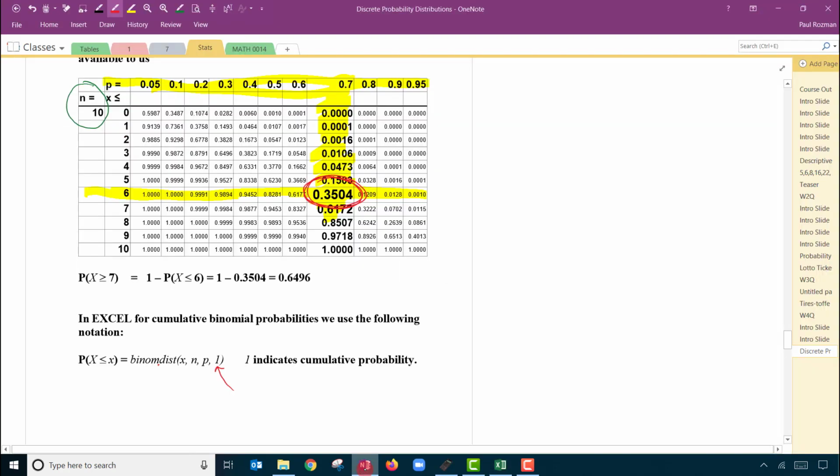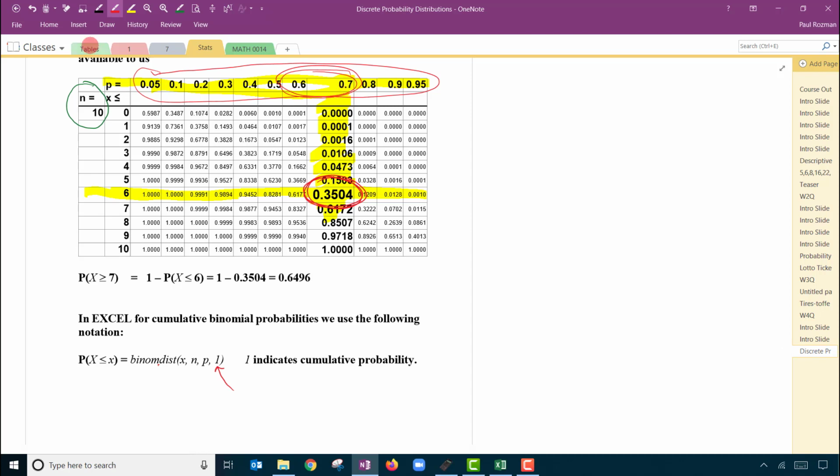The table has a drawback in that it only has certain probabilities in it. If there was only a 64% chance that a Mason called in sick, well, we don't have that in our table. We have 60% and we have 70%. So then we would have to resort to either doing it by hand or using Excel.